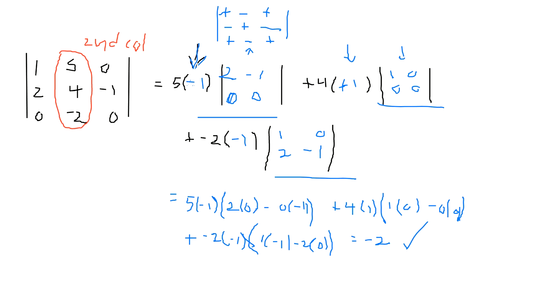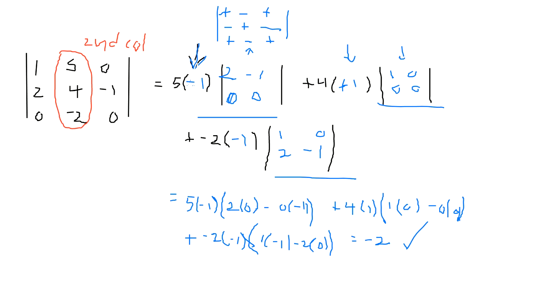We did cofactor expansion along the first row, and now we did cofactor expansion along the second column. Since it doesn't matter what row or column we use to do our cofactor expansion, we're going to get a determinant of A equal to -2. Might there be an easier row or column to expand along?